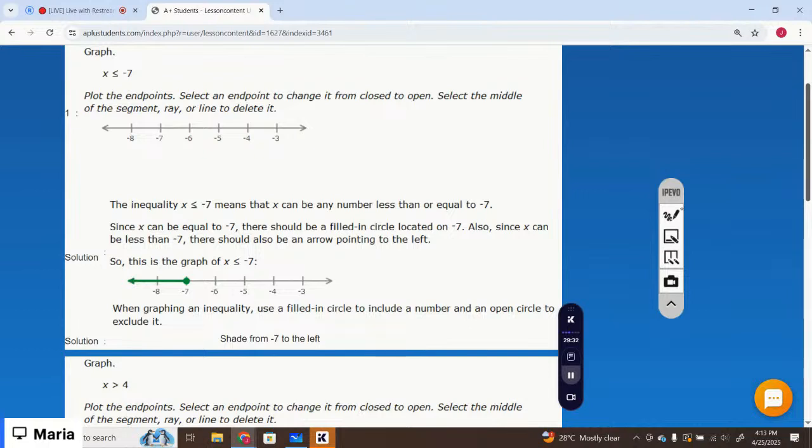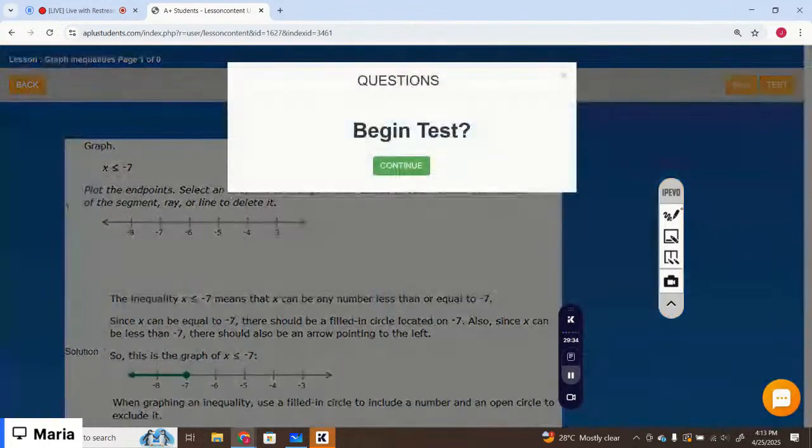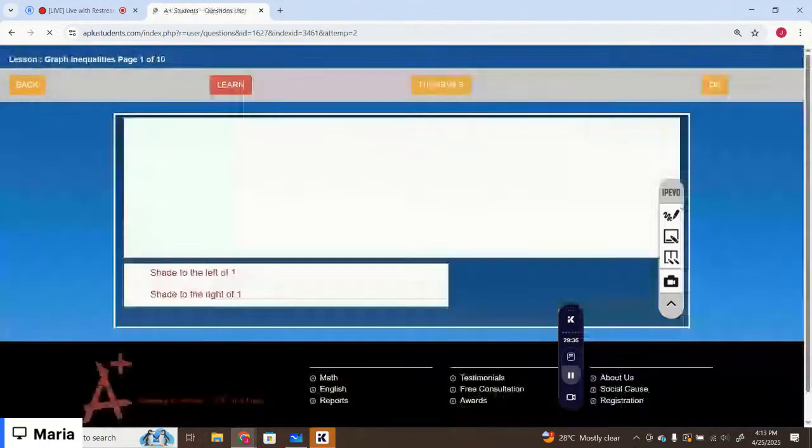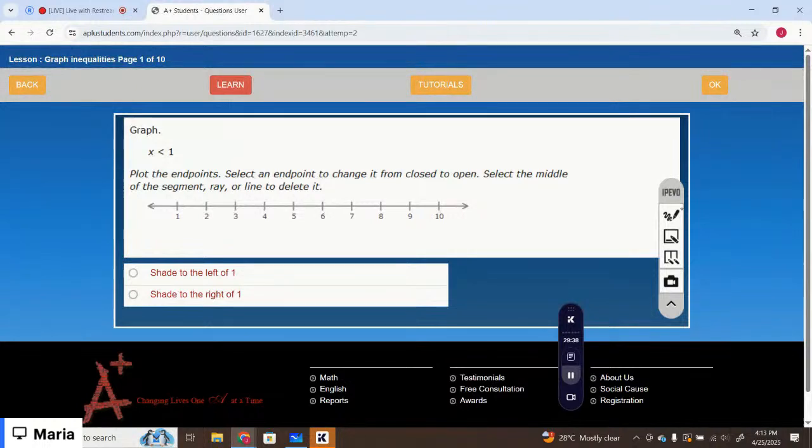Let's just start with the test questions. Graph x is less than 1. Plot the endpoints.